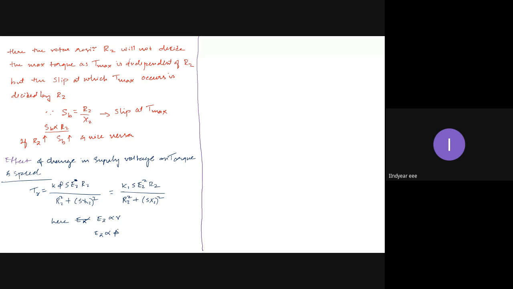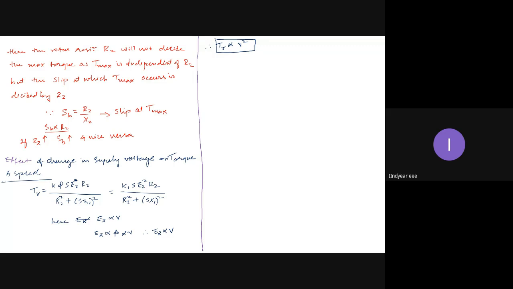So E2 is proportional to stator flux, and stator flux is proportional to supply voltage. Therefore E2 is proportional to supply voltage. Therefore, I can say my TR is proportional to V square. The starting torque was also proportional to V square.